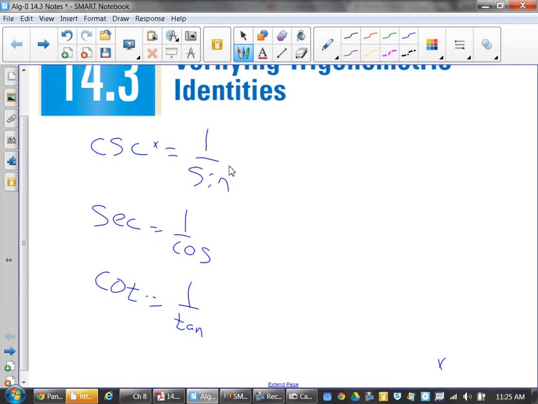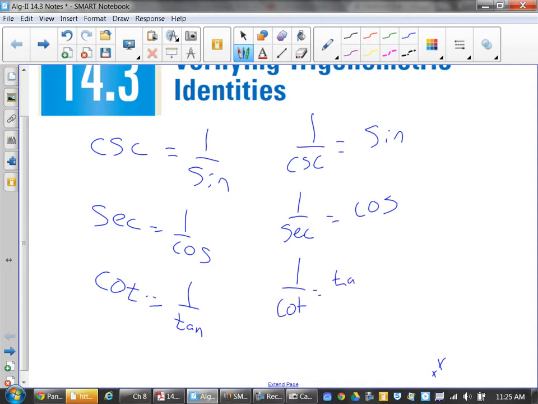You're still using identity. Now, what I want to do is, these first identities are already on your sheet. What I want you to think of is that if I take 1 over cosecant, what is that? Sine. 1 over secant is what? Cosine. And then 1 over cotangent is tangent.